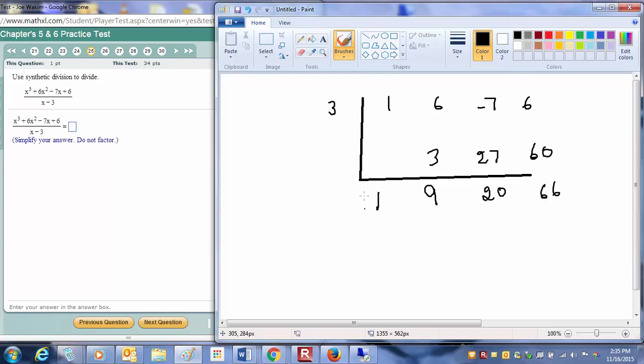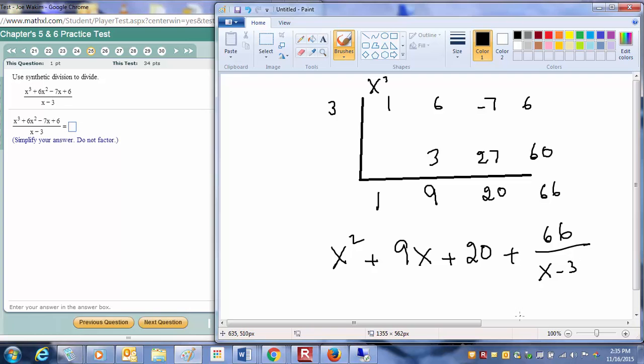So this can be written as, since we started with x cubed, x squared plus 9x plus 20 plus the remainder divided by the divisor, x minus 3. So that would be the final answer. Let's try number 26.